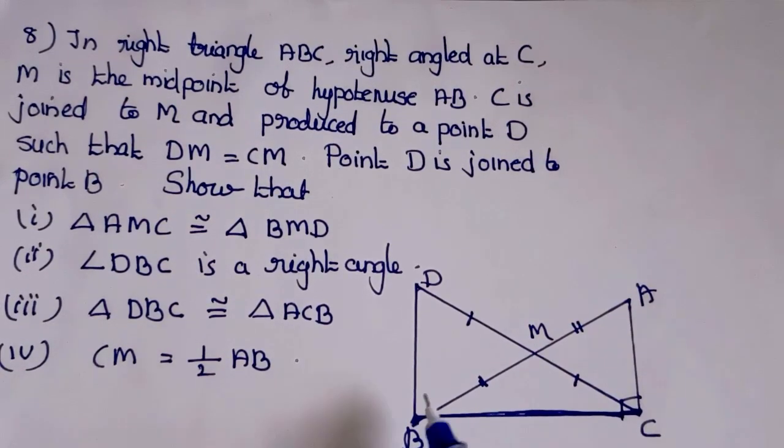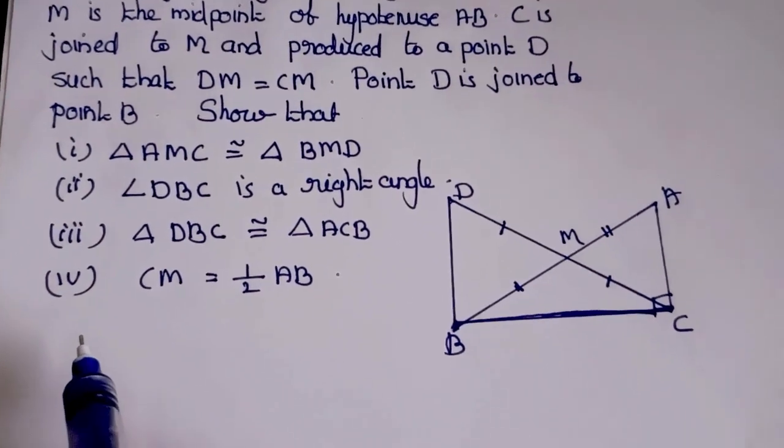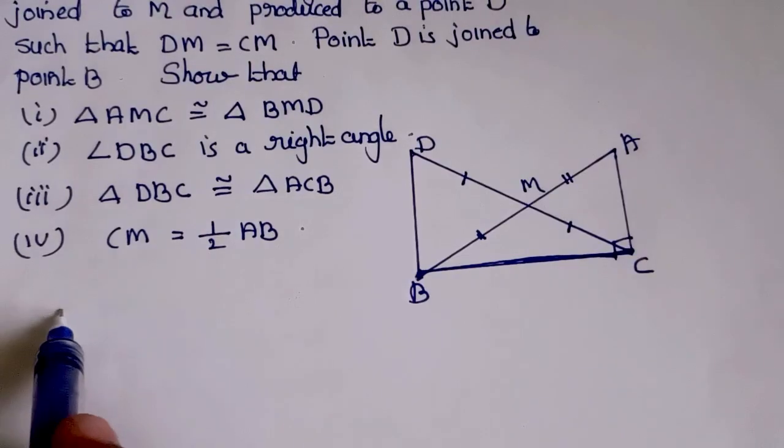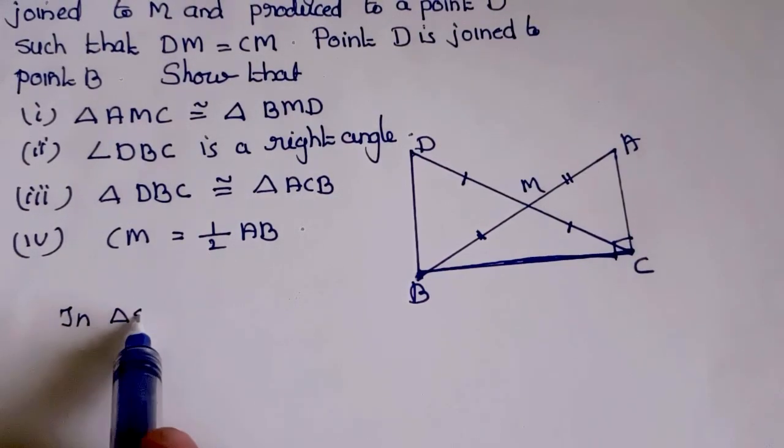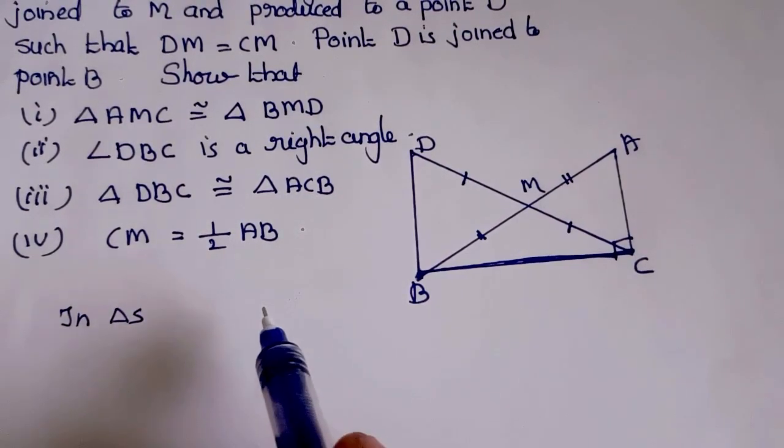In triangles AMC and BMD, first we have to prove that triangle AMC is congruent to triangle BMD.